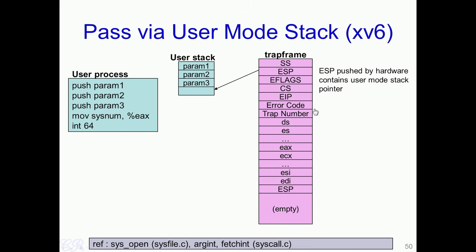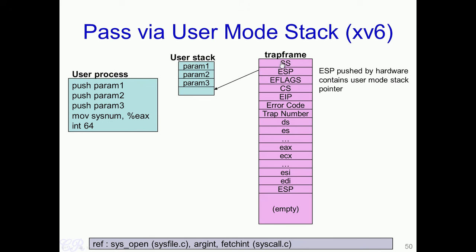As we have seen in the previous video, some of these entries in the trap frame are pushed onto the stack automatically by the CPU. In particular, these registers specified in capitals are all pushed onto the kernel stack, that is onto the trap frame, by the CPU. Now, the SS and ESP here are important for us.